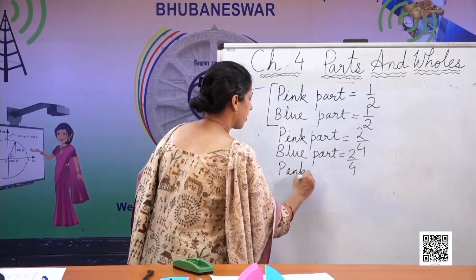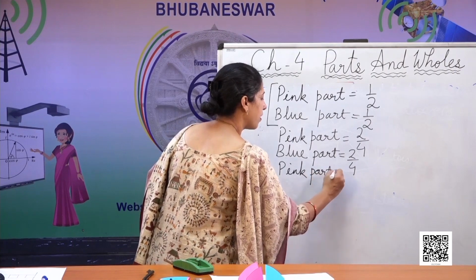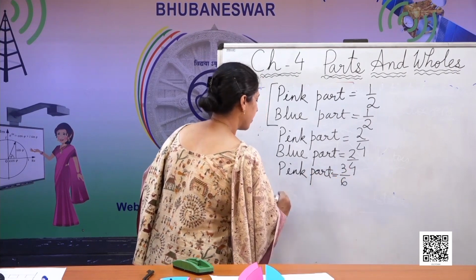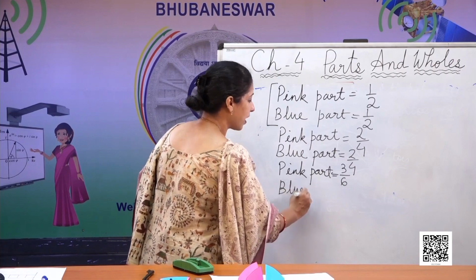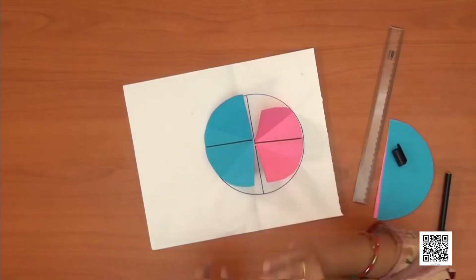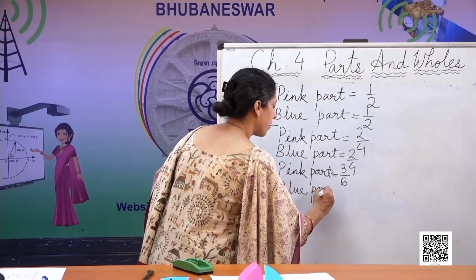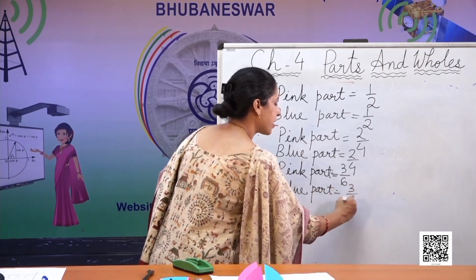Pink part is equal to 3 parts out of 6 parts and blue part also, as we have divided into 3 equal parts, blue part is equal to 3 parts out of 6 parts.